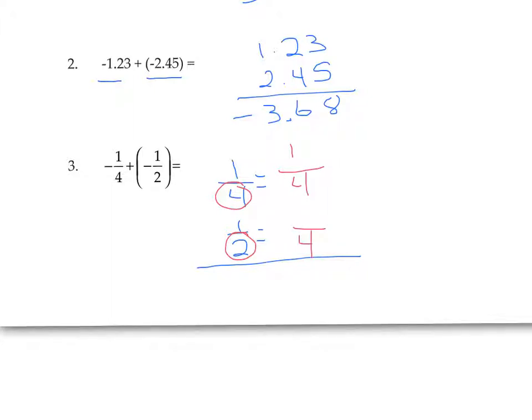Remember, you multiply when you change denominators. 2 times what makes 4? 2 times 2 makes 4. So we have to do 1 times 2 on the top. So we're adding 1/4 to 2/4, and that makes 3/4. But of course, we were adding two negative numbers, so this becomes negative 3/4.